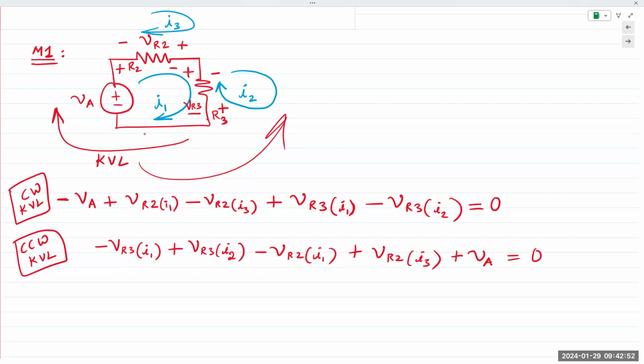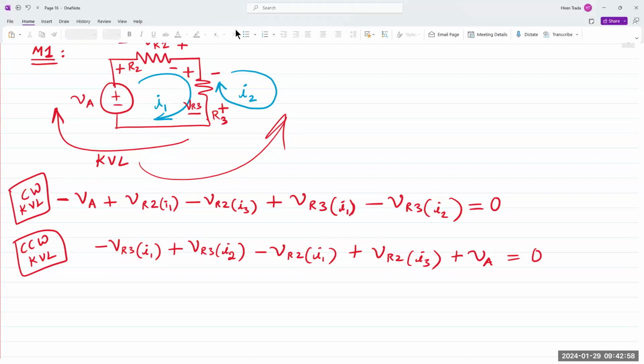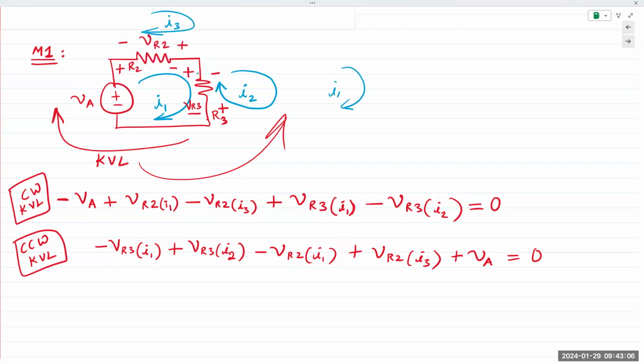I could choose the mesh currents to all go in the same direction. Something like this. If I have I1 going in this direction, I could choose I2 going in the opposite direction, which would cause the voltage drops to be in the same direction for that branch.